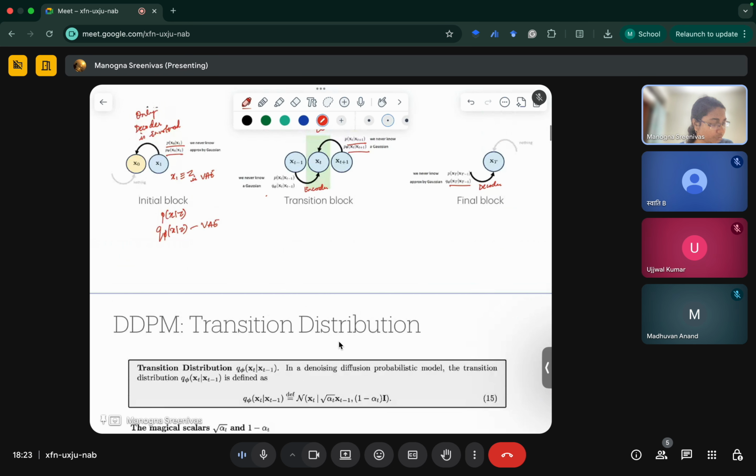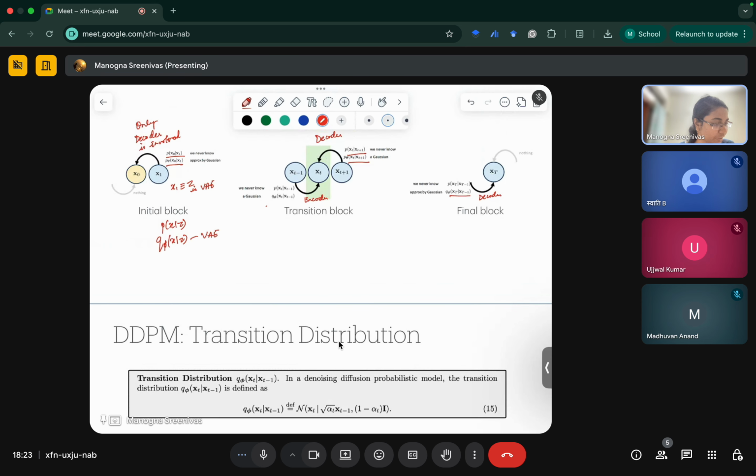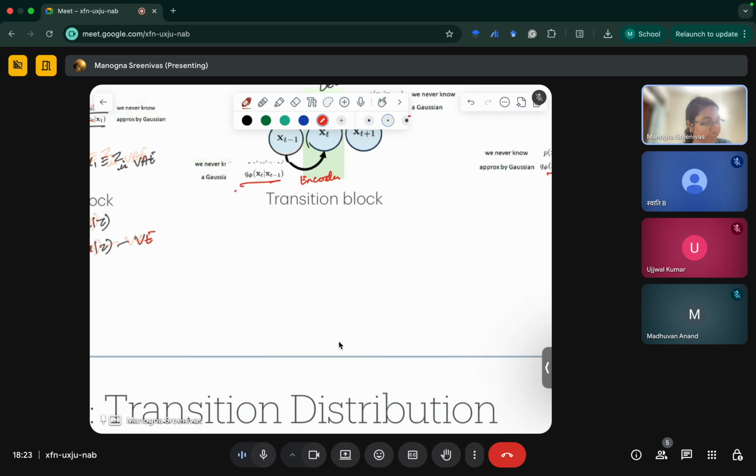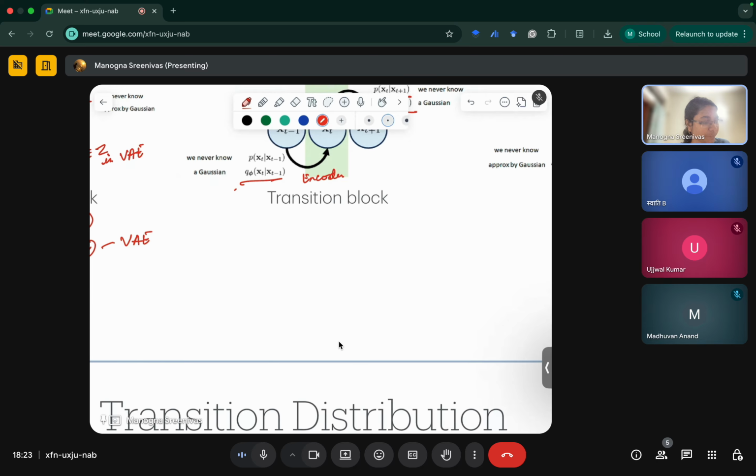So this function q of xt given xt minus 1, here this is modeled as we have written here. It is modeled as Gaussian, and the variable it depends on is xt minus 1.